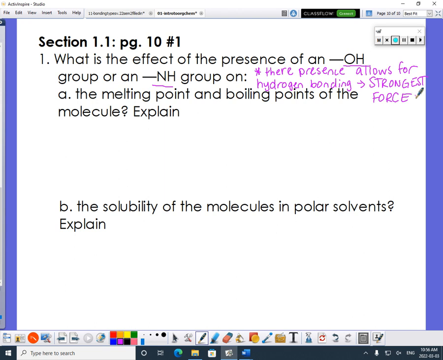So if it can hydrogen bond, in this case it doesn't talk about strength of the forces; it's asking about melting and boiling points. The higher the melting and boiling point, the more energy you would need to break the strongest force.